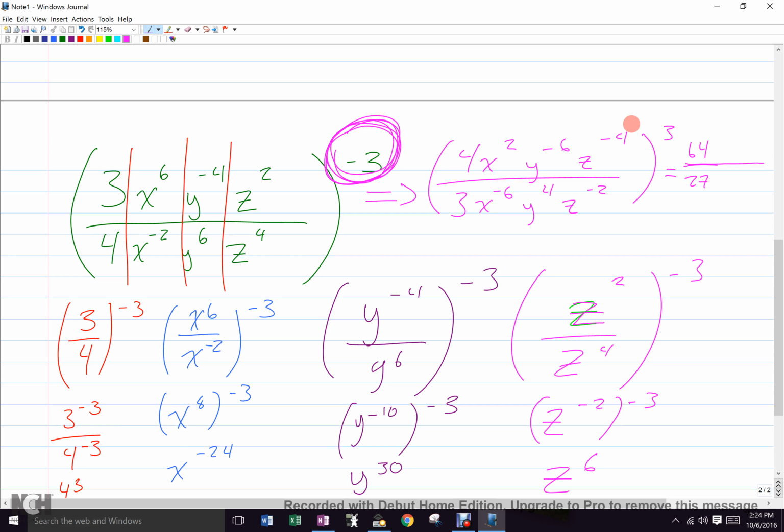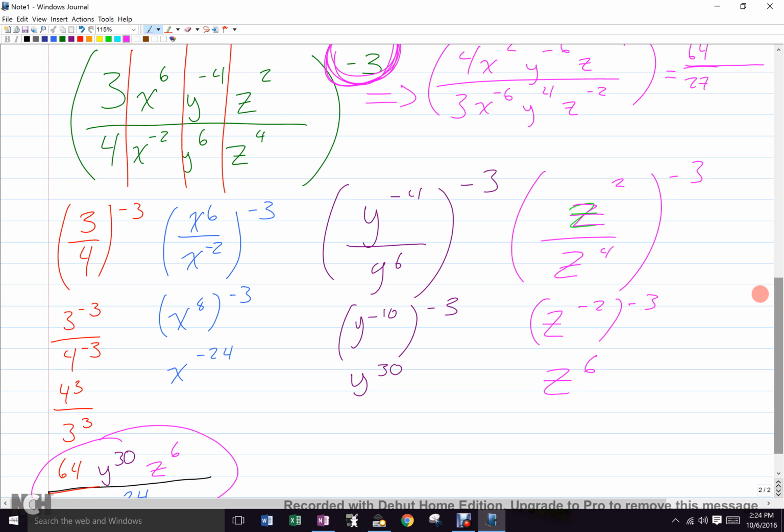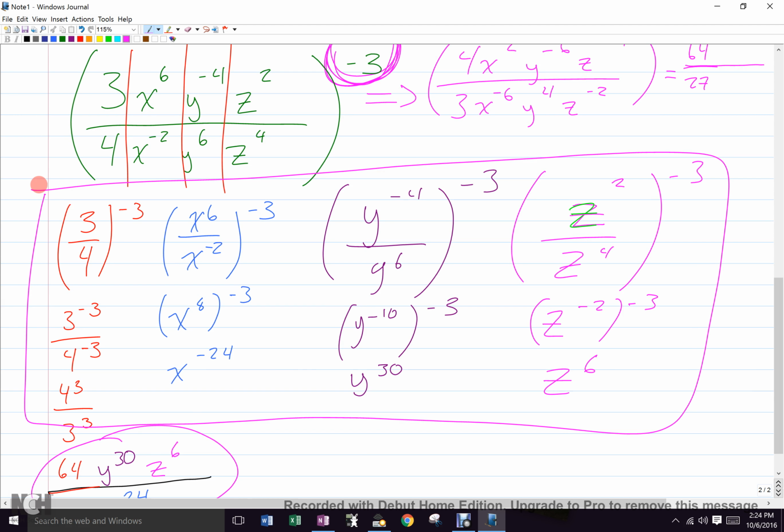So, the only thing that changes is our outside exponent, which is why I prefer this method for you guys. I prefer you to split it into chunks. I don't want you to try and do it all at once because of what I just did.